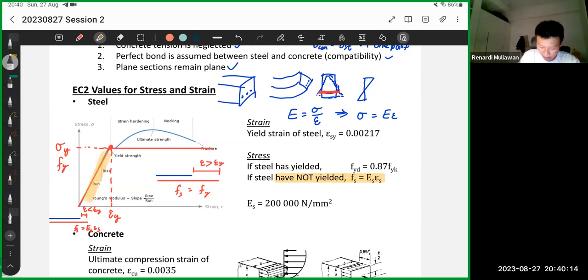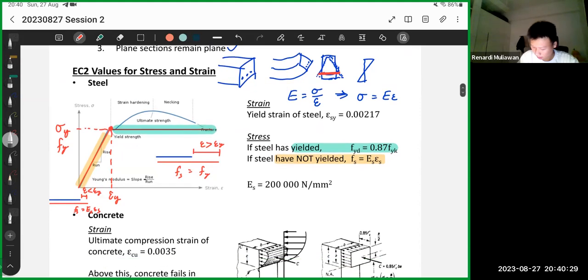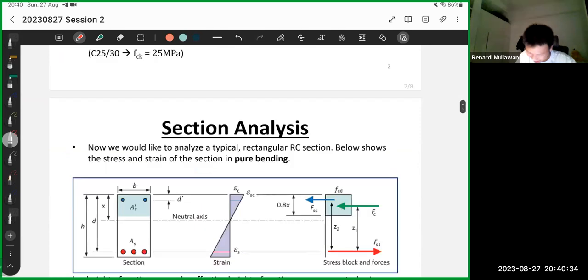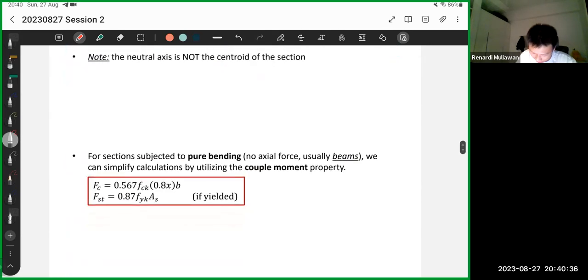It's basically this line. While for the other one, if the steel has yielded, then it reaches the yield strength, which in Eurocode is 0.87 fyk. So what's fyk?